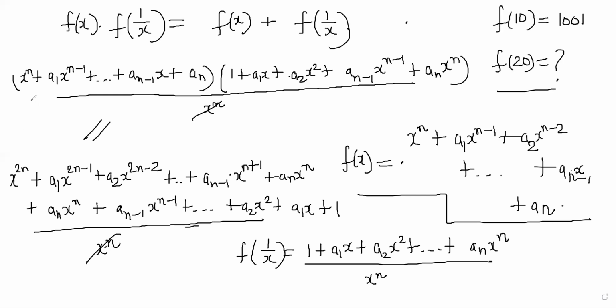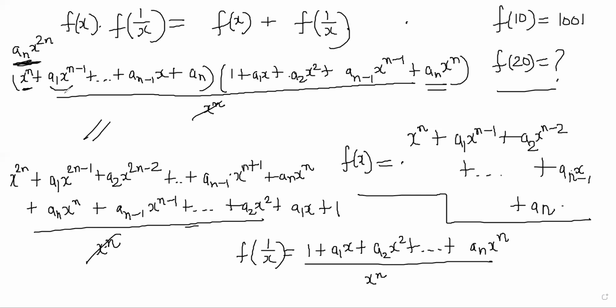Now see, you are getting an x^2n on this side. The coefficient of the term x^2n is an, no? That is the 2n power term. What is the 2n minus 1 power term?